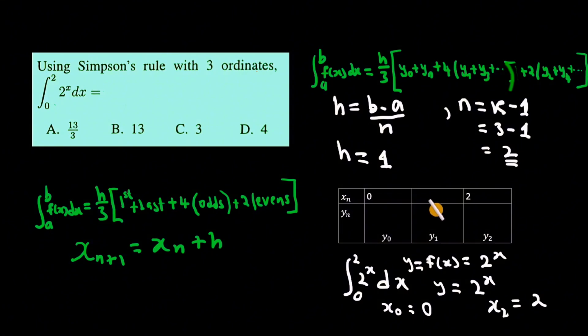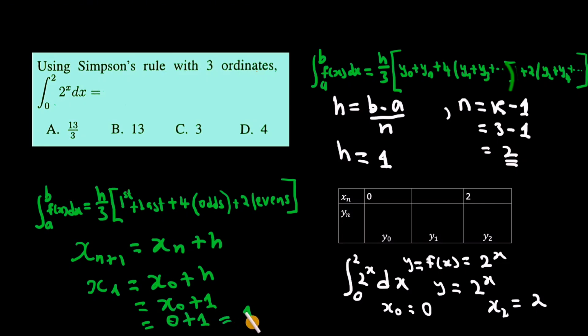So the corresponding x value here is x1. To get x1, I will take x0 plus h, that is x0 plus 1, since h is 1 and x0 is 0. So I'll have 0 plus 1, which is 1. So x1 is 1, and here I'll write 1.